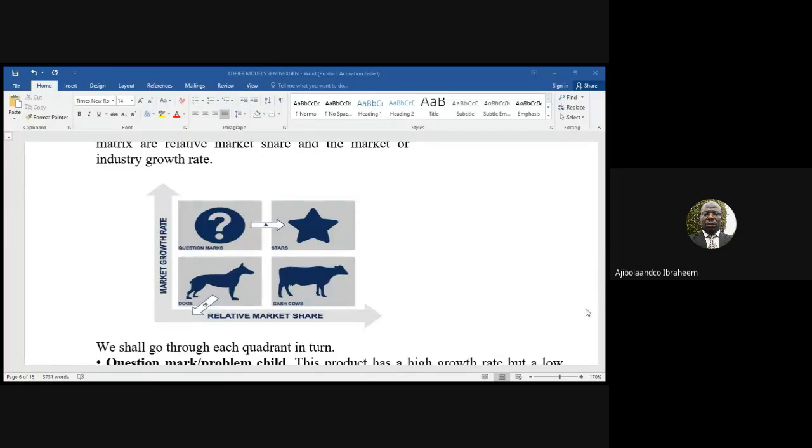They identify a range so that you will not misinterpret a star for a cash cow, for a product that is just at 5.1 and drops to 4.9.